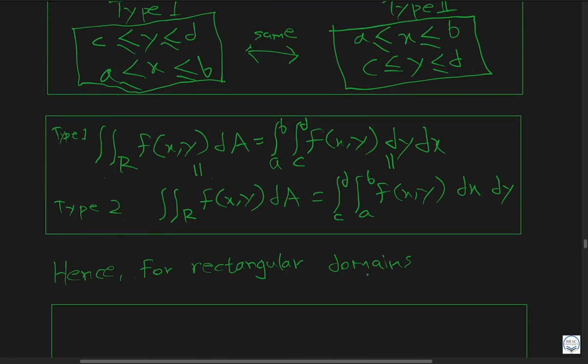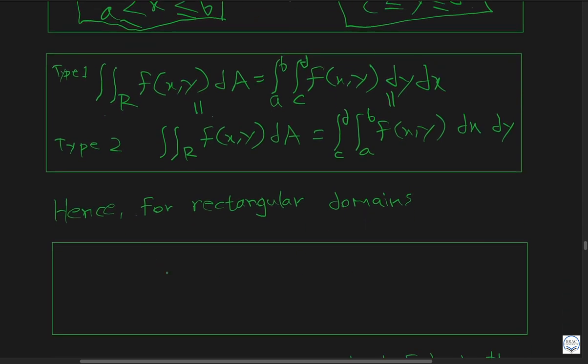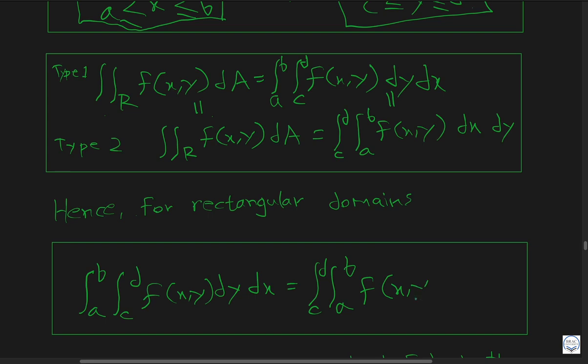So for rectangular domains, we have the special relationship that if we do the y integral first and then the x integral, we'll get exactly the same result as if we do the x integral first and then the y integral.